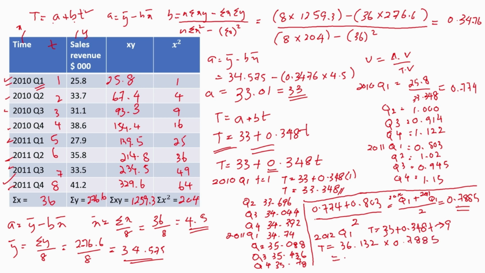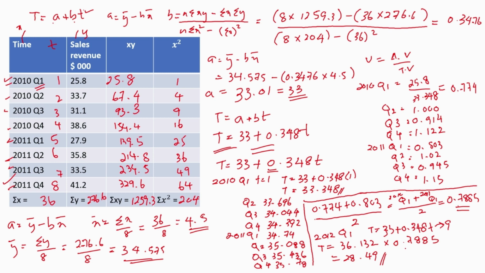So the forecast value for 2012 quarter 1 will be 28.49, which means we can expect 28.49 sales revenue in 2012 quarter 1. Like that, now we can forecast for the future period because we have the trend line equation. Using that, we can find the trend value and we also have the average seasonal variation. Remember to multiply this seasonal variation by the trend value.